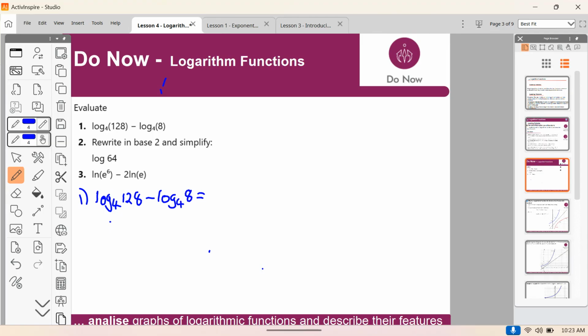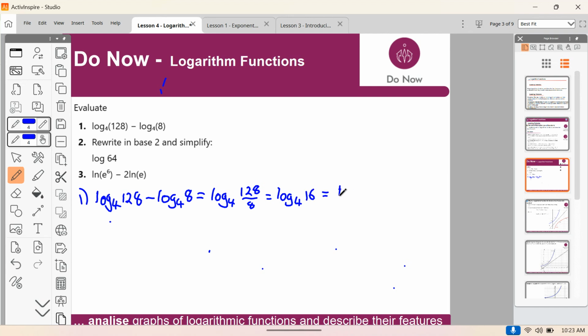Using the quotient property of logarithms, we can rewrite this as log base 4 of 128 over 8. So this is log base 4 of 16.